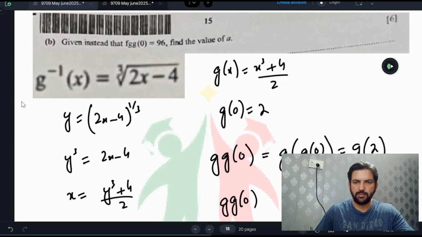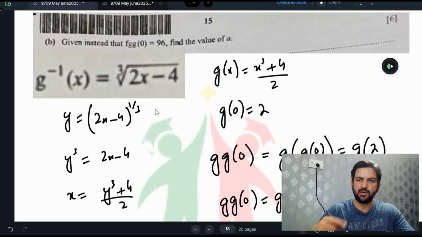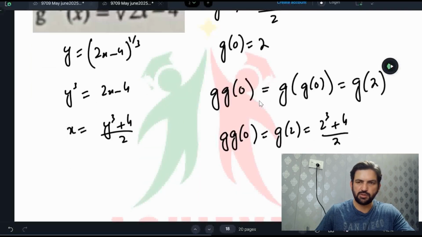So g of 2 will be equal to (2 cube plus 4) whole divided by 2. So 8 plus 4 is 12. So this should be equal to 6.